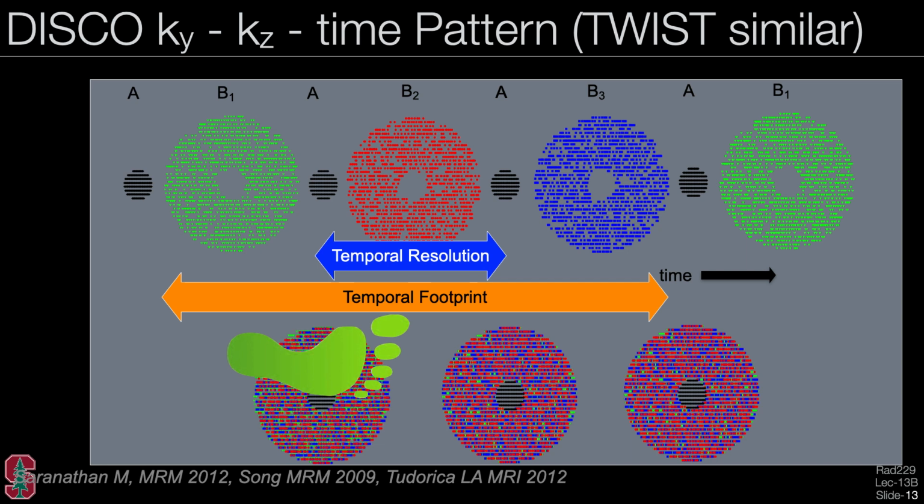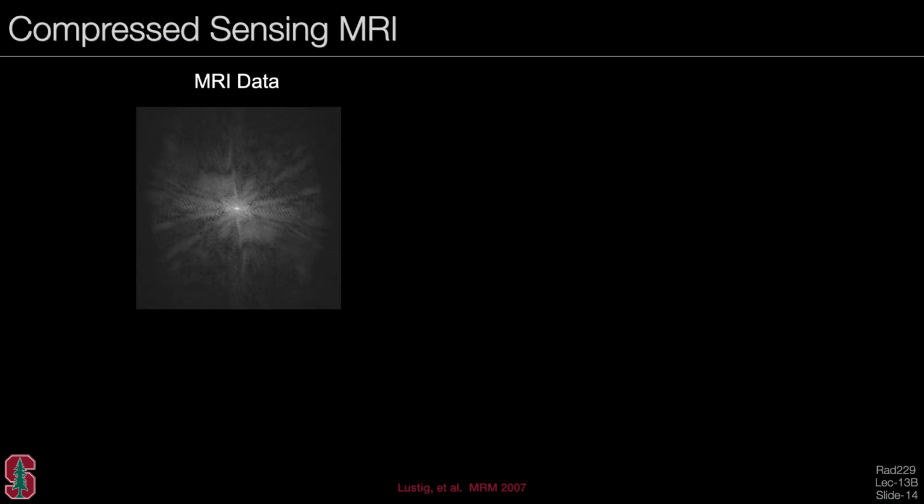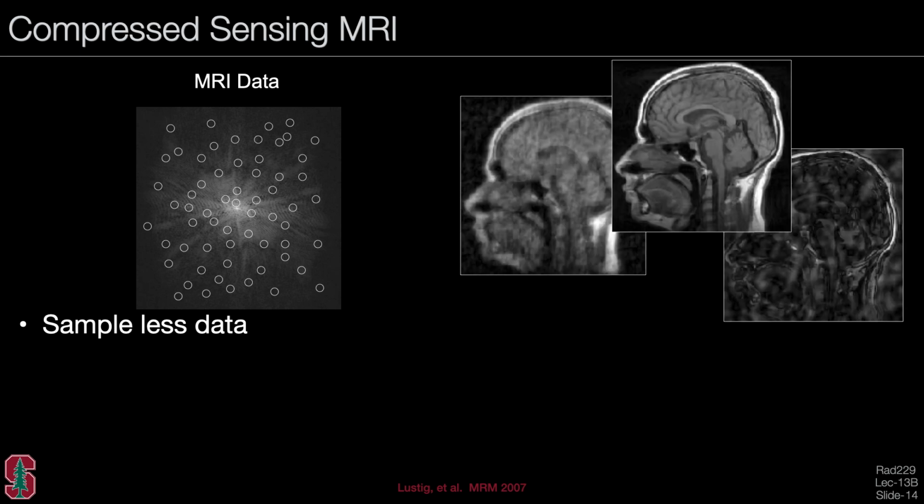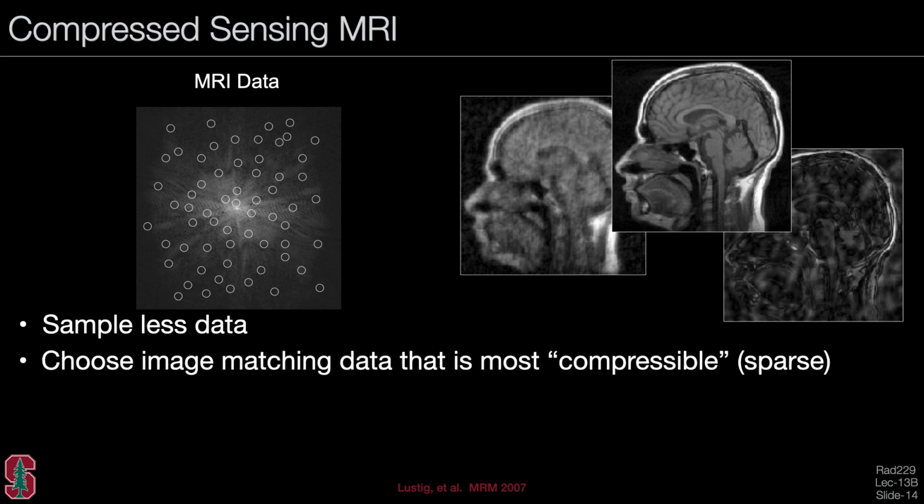So these random sampling patterns may make you think of compressed sensing MRI. This is an approach where we take our MRI data, we sample much less data, we sample it randomly, and it turns out that when we look at these images, the image that is the most compressible or sparse tends to be the right result. So this is one point of view on compressed sensing.